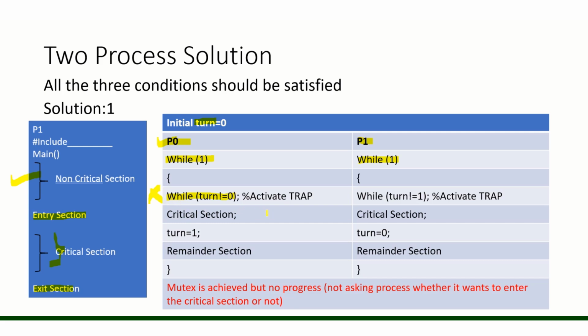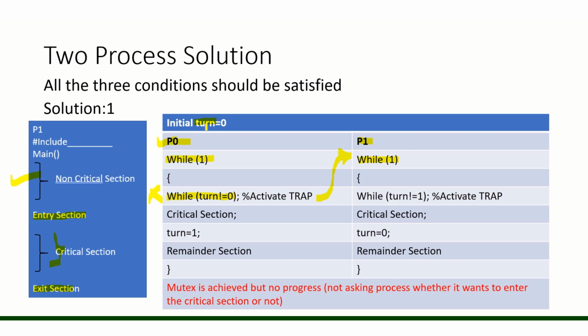Now, if the context switching occurs after the while statement, and the control goes to P1, can P1 enter the critical section? No. Why? Because what is the value of turn?